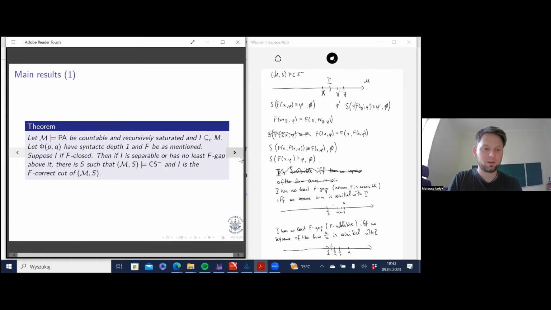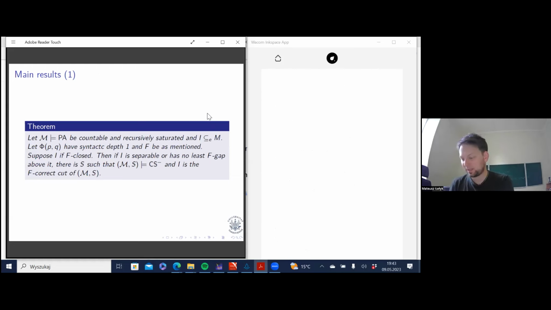Okay, so now the first main result. What it says: if we have an arbitrary countable and recursively saturated model of PA and a cut in this model, and a template of syntactic depth 1. What is syntactic depth 1?